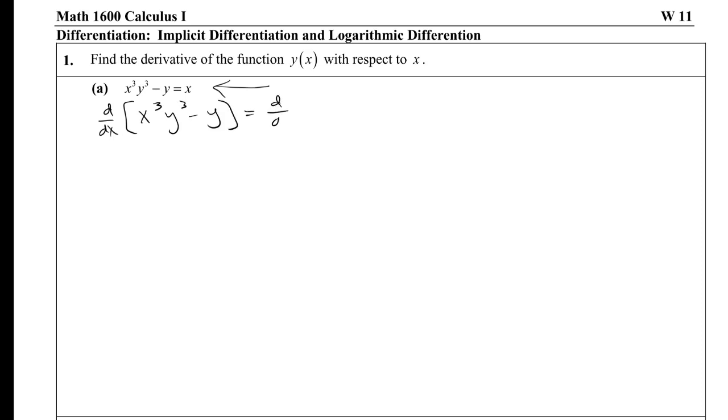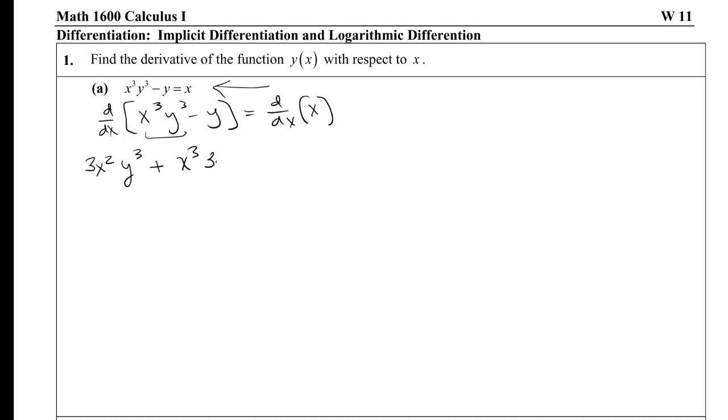with respect to x. All right, so on the left-hand side there, the first thing I notice is when I come to the x cubed y cubed, that's a product. So I'm going to have to use a product rule. So the derivative of the first is 3x squared times the second as it is, y cubed, plus the first as it is, x cubed, and then the derivative of y cubed.